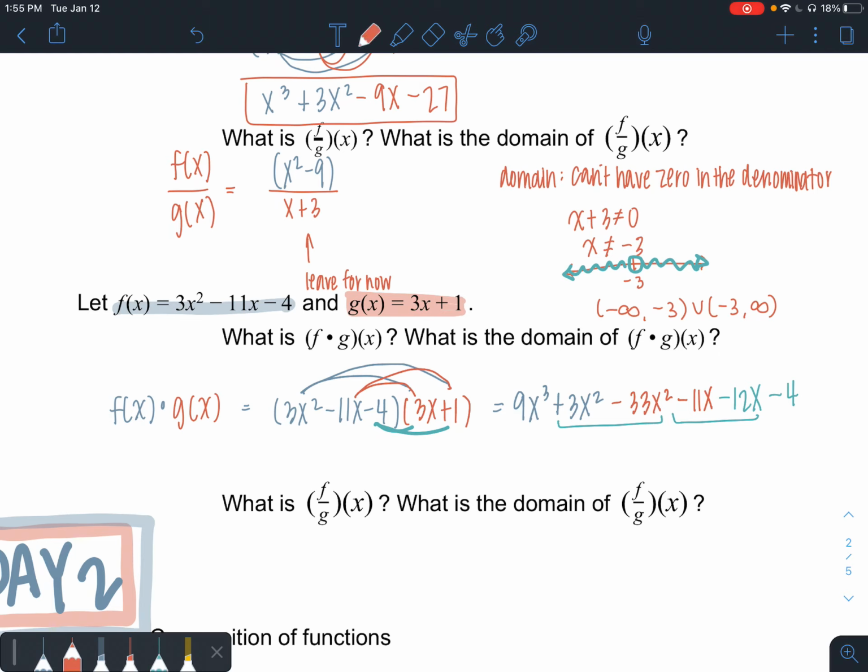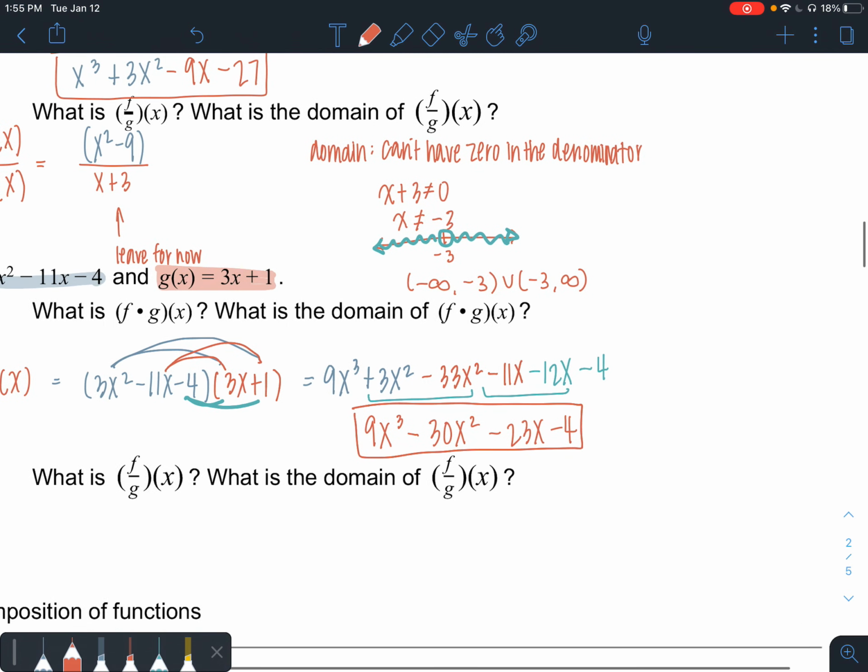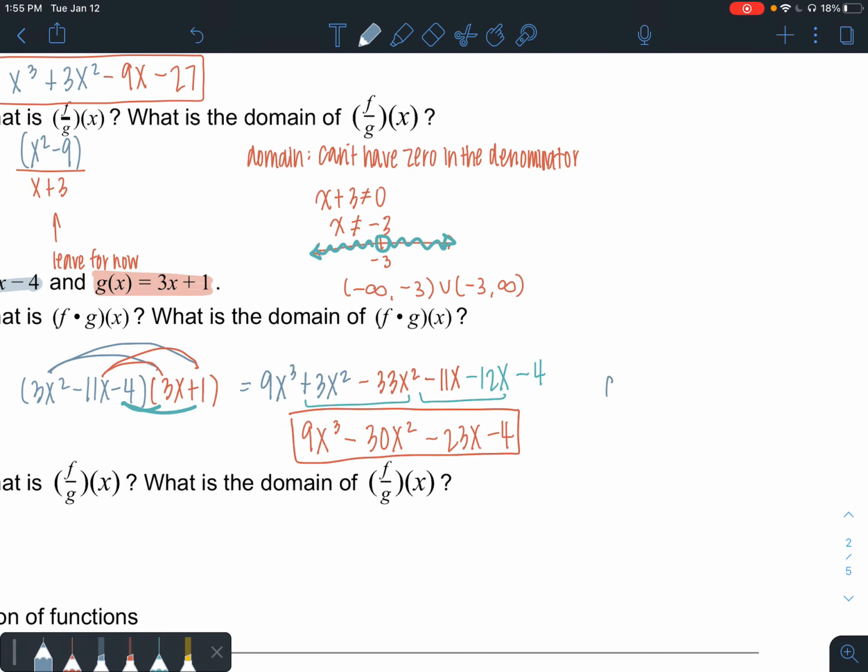And we get 9x to the third minus 30x squared minus 23x minus 4. Okay, and then our domain for that function is all real numbers or negative infinity to infinity.